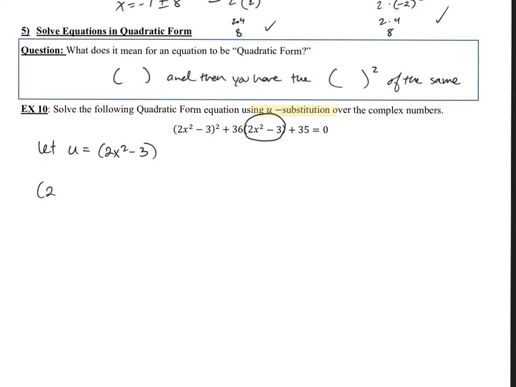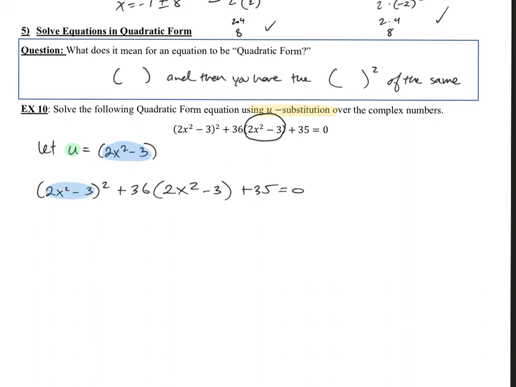Now I'm going to copy down my original equation. Right now, this problem looks horrible. I would not want to try to solve that, which is why we bring in the U-substitution. Wherever I see 2x squared minus 3, I am going to replace it with u. Why can I do that? Well, they're equal. If they're equal, it doesn't matter if you swap them in and out, right?